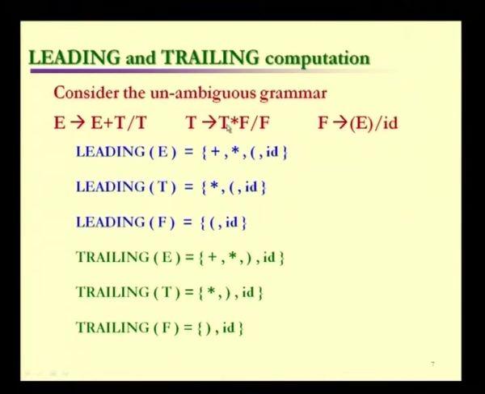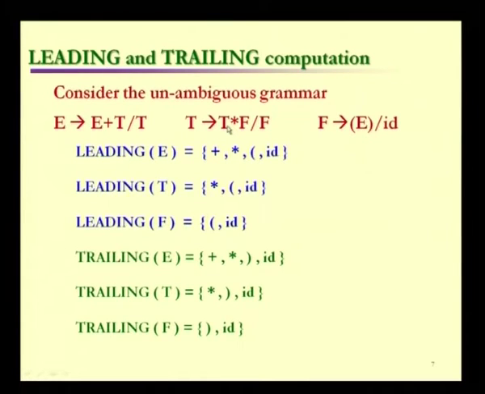The first of T we find is T star F. So, star will be in first of T. So, first of T will become first of E now. So, star will be there, and when you look at this T, continuously we can expand this T by T star F. Every time it will introduce only star as the first terminal, but when you move from T to F, the F will be introduced as a first variable, and in turn F is expanded.